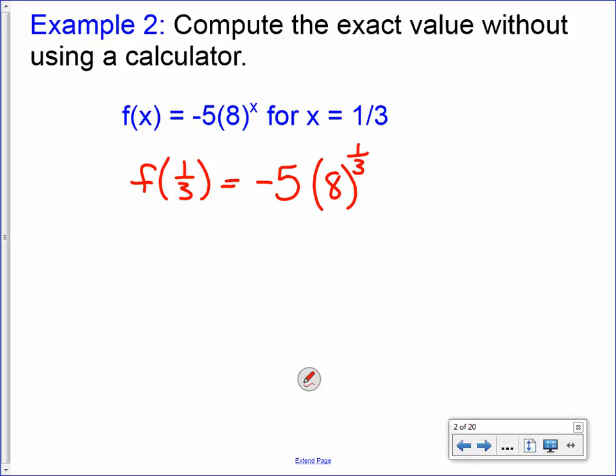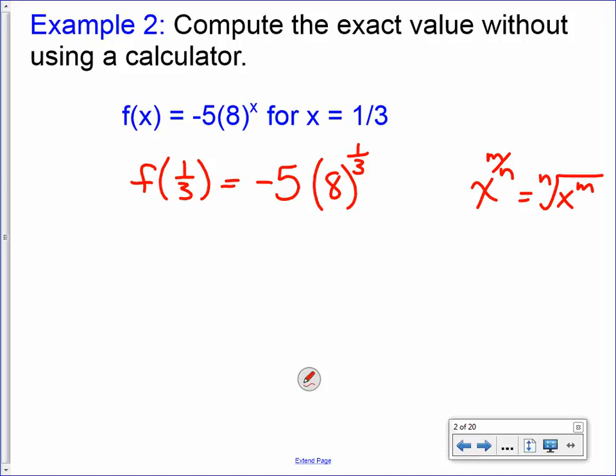Now, this is a fractional exponent. So, remember that fractional exponents convert to roots. For instance, you might remember that x raised to the m over n is equal to the nth root of x to the m power. So we're actually using this property, being able to convert between fractional exponents and roots.